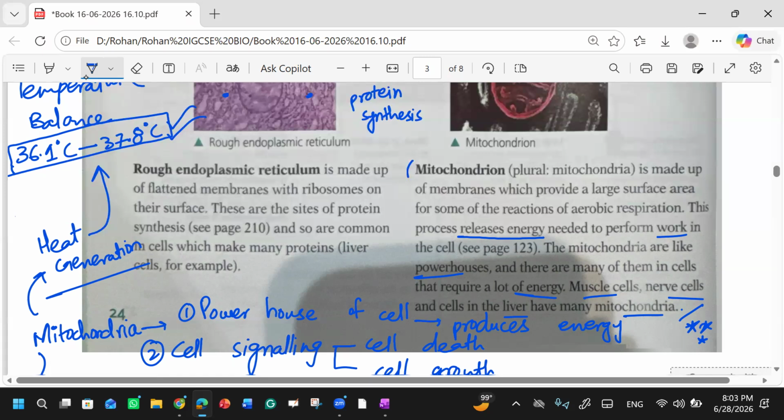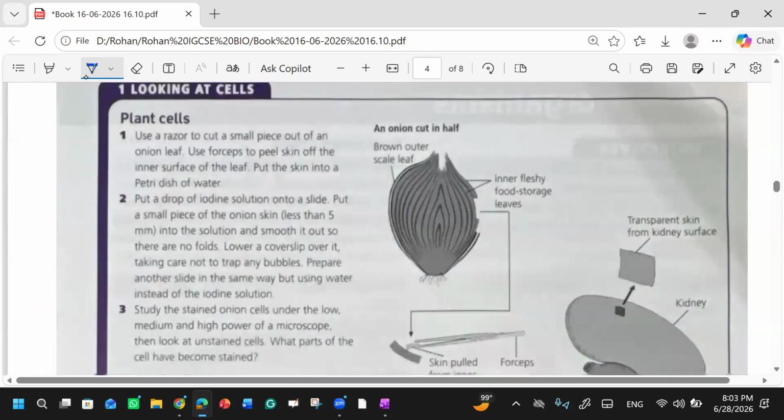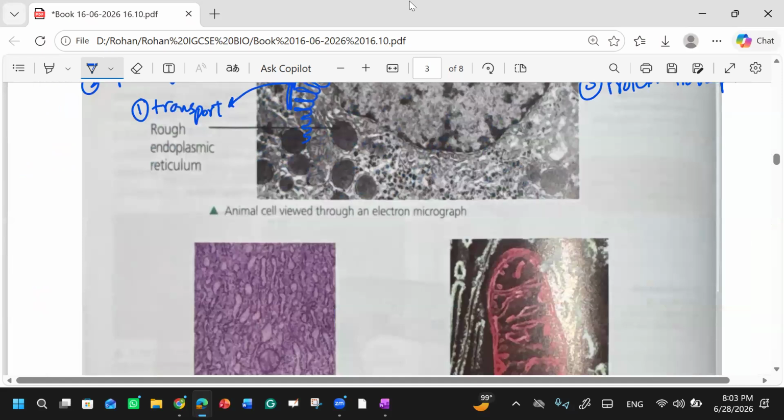So in our body, where there is a need for more energy, there will be more mitochondria, like in muscle cells, nerve cells, and the liver. Particularly in these regions, more energy is needed to perform that cellular activity, so more mitochondria are present there. Clear? Are you clear with this?